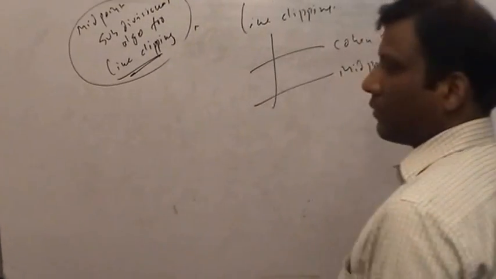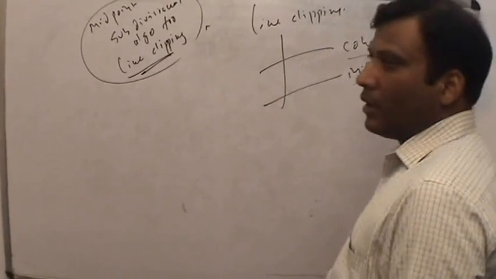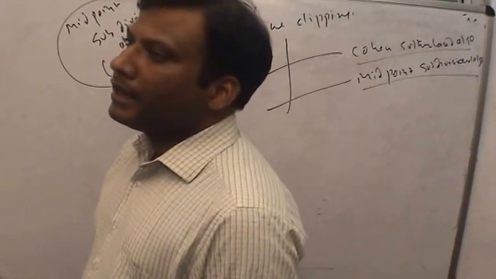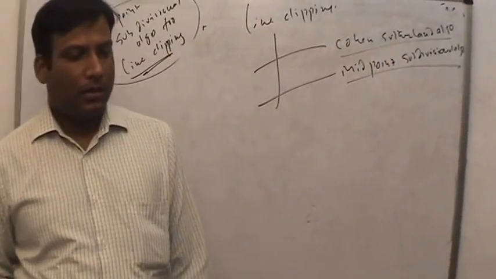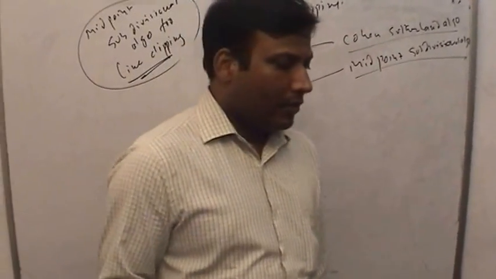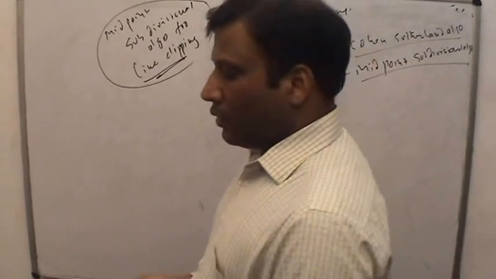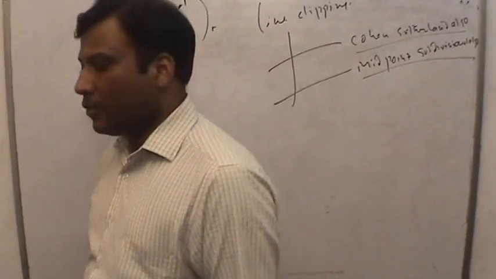These are the two most popular algos for line clipping. When we have to apply line clipping, we use these two algos, and both have different parameters and are different techniques to apply line clipping. So you have to decide what option you have chosen for line clipping.